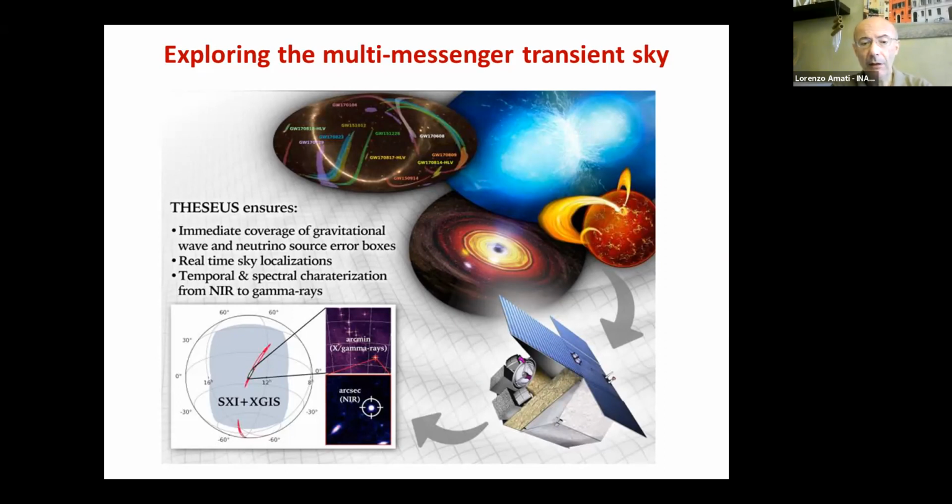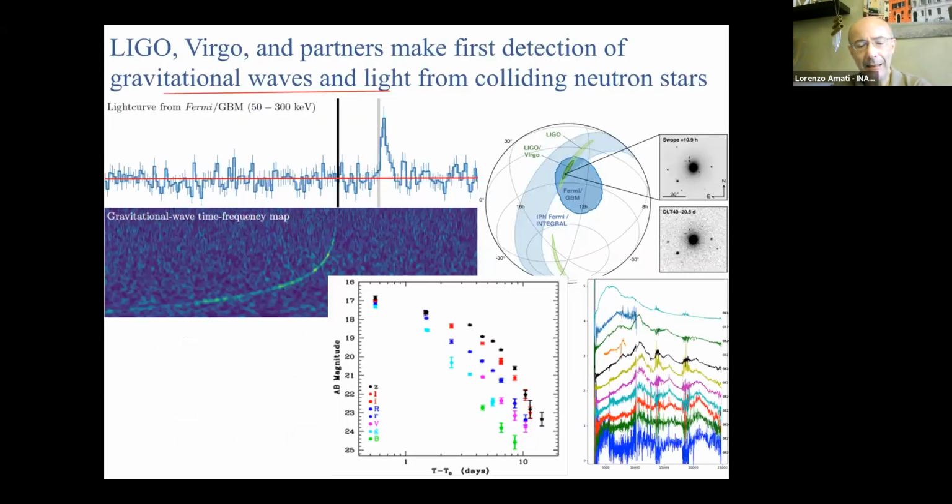So in particular, as I mentioned before, those short gamma ray bursts, but also other possible X-ray emission associated with neutron star black hole mergers, which are up to now, and will be also in the next years, the bulk of the gravitational wave emitters that can be detected by interferometers on the ground. So just to give you an idea, this is again the observational scenario that we got in 2017 with the detection of the gravitational wave from a neutron star system, the short gamma ray burst, and the kilonova emission in the near infrared that I already.